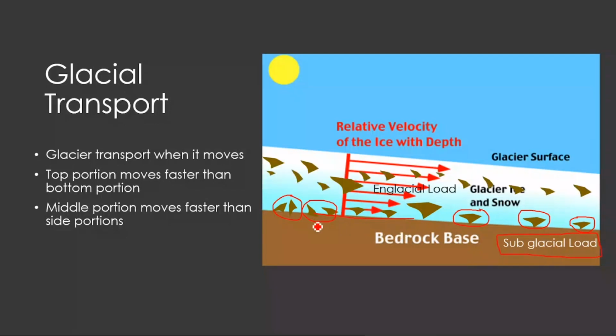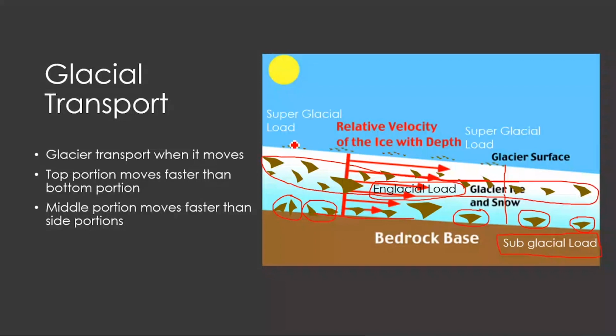The second is called the englacial loads, which are completely within the glacier, carried within the glacier. So this is all present within the glacier. And there is a third category of glacial load, which we call superglacial loads, which are the materials or sediments present above the glacier surface, or slightly embedded within the glacier surface.